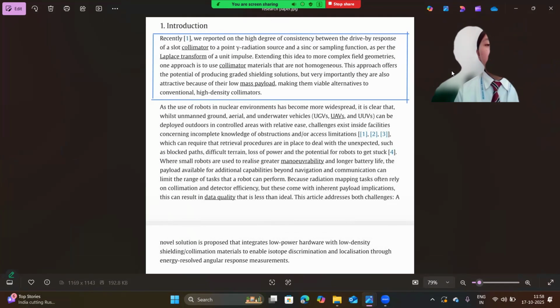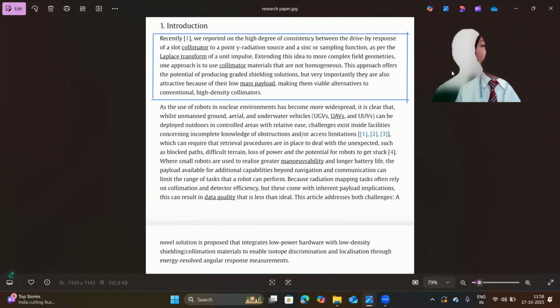Recently, we reported on a high degree of consistency between the drive-by response of a slot collimator to a point-wise radiation source and a sink or sampling function as per the Laplace transform of a unit impulse.